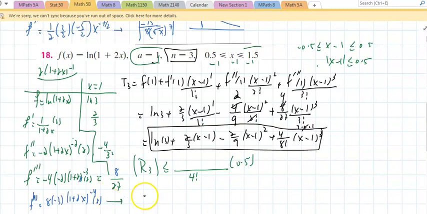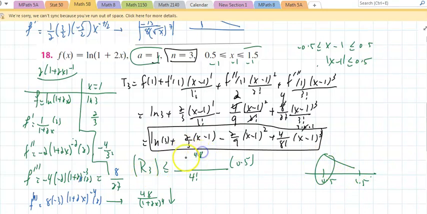What is that? That is 24 times 2, 48 over (1 plus 2x) to the 4th. Isn't that a decreasing function? And if I'm looking at an interval between 0.5 and 1.5, and I have a function that's always decreasing, wouldn't you say that the left endpoint would be the highest?